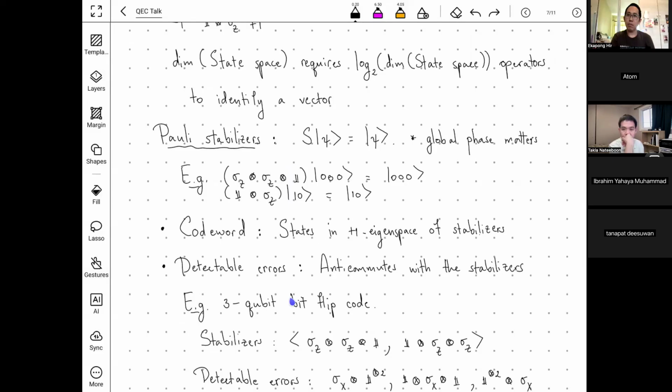Some examples might be Pauli Z tensor 1, which when acted on 0, 0, 0 gives 0, 0, 0. Another example would be identity tensor Pauli Z on 1, 0, which wouldn't change the state. Each matrix S has its own stabilizing states, and S is called the stabilizer.